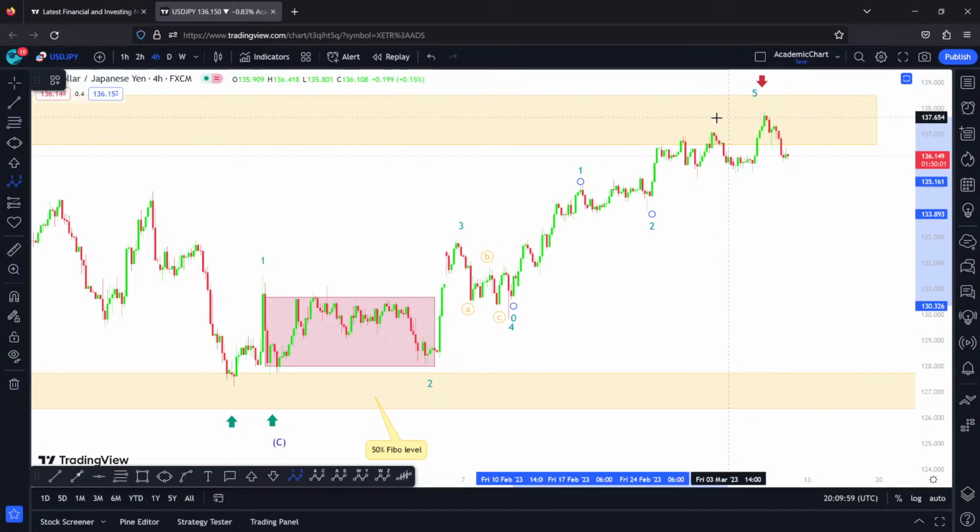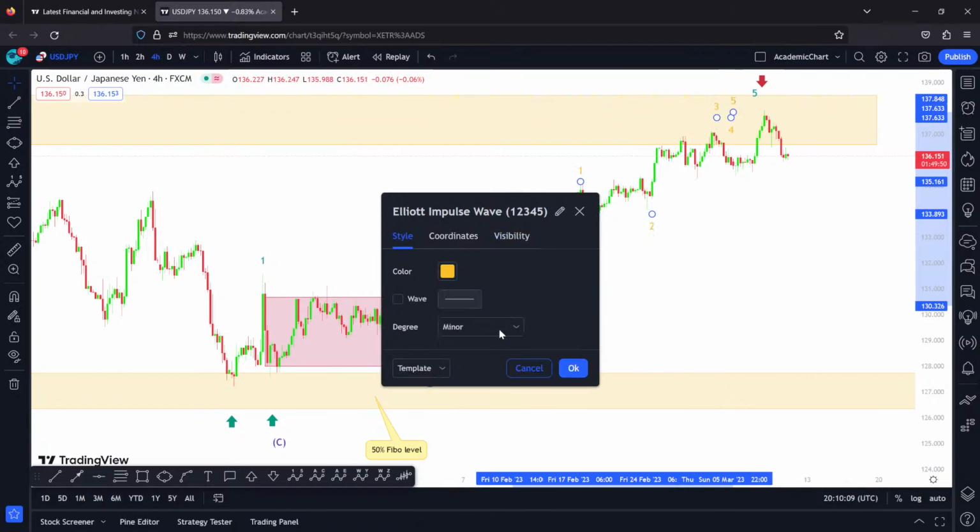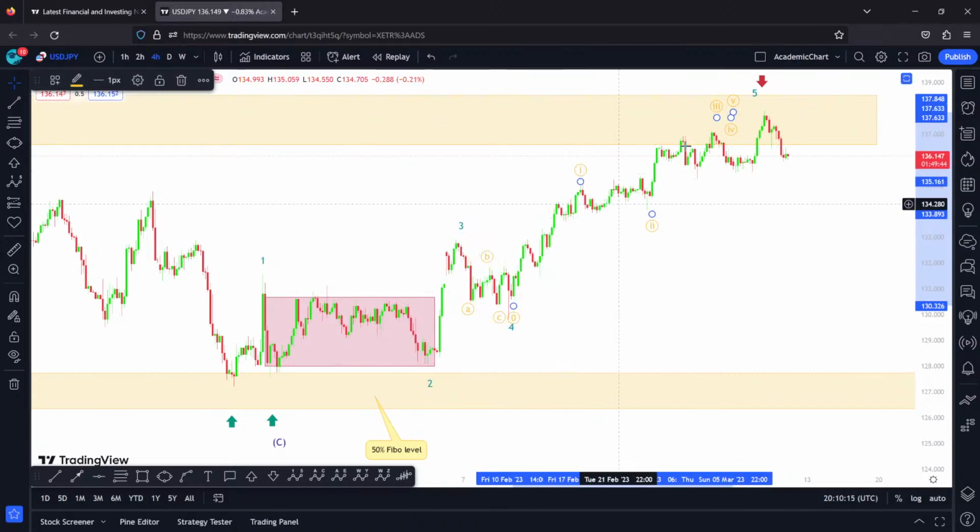I will say 3, 5, just close to each other, and let's change the colors because I want to keep that open. It is going to be minutes. So it is 1, 2, 3, 5. Let's keep them open, and 4 probably should be somewhere down here, which is good.